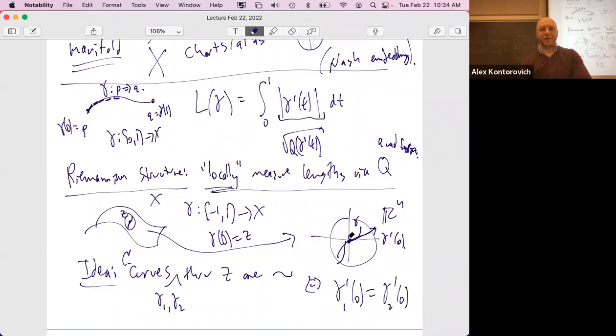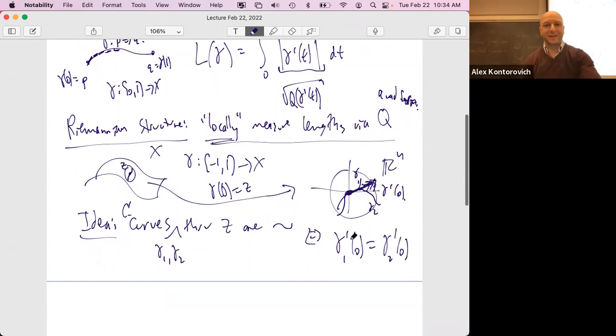So if I have two different curves, here's gamma 1 on top and gamma 2 on bottom, and they pass through the origin with exactly the same tangent vector, not just the same direction, but the same vector exactly, then I'll say those curves are equivalent.